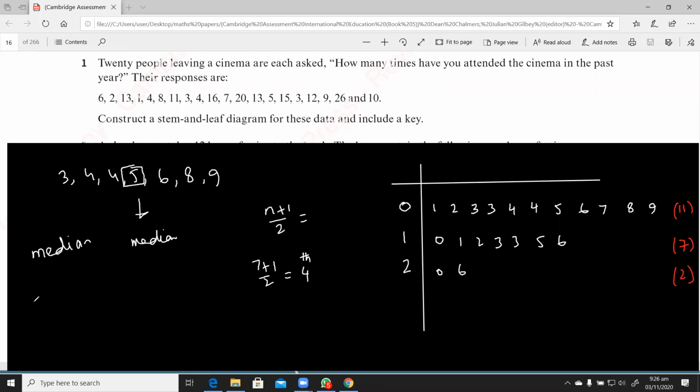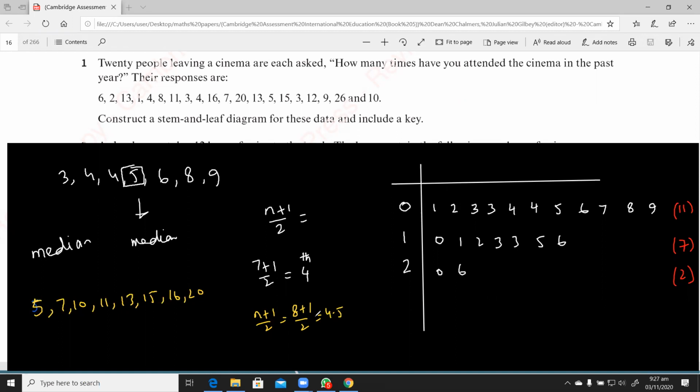Now, suppose you have 5, 7, 10, and then you have 11, 13, 15, 16, and 20. Okay. Now these are 8 observations with us. When you find n plus 1 over 2, that is 8 plus 1 over 2, that is 4.5. Now this 4.5 means between the fourth and the fifth.